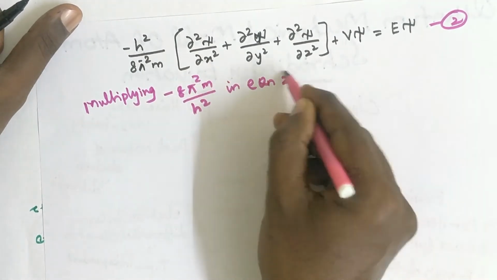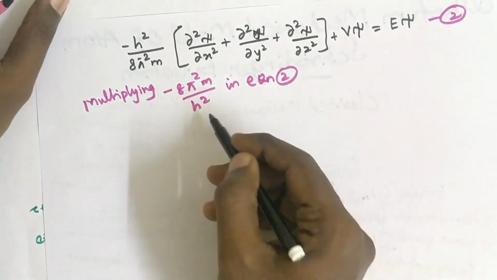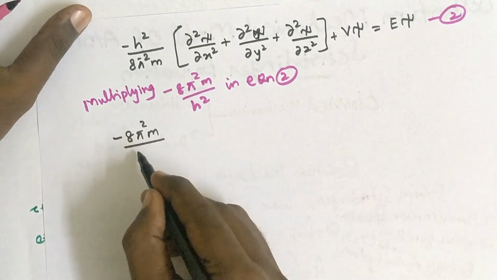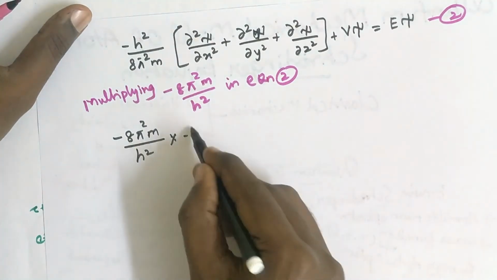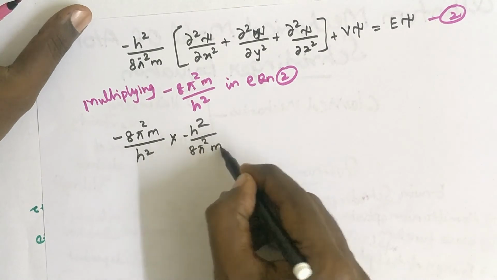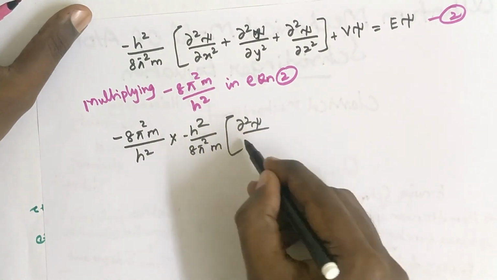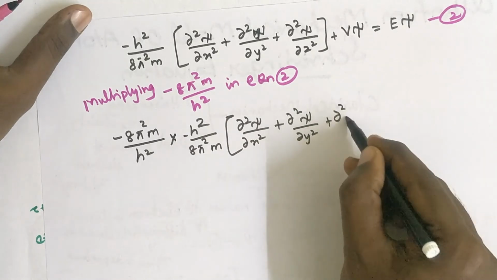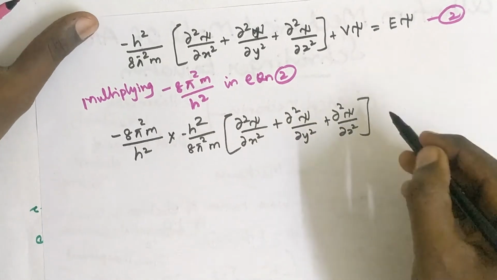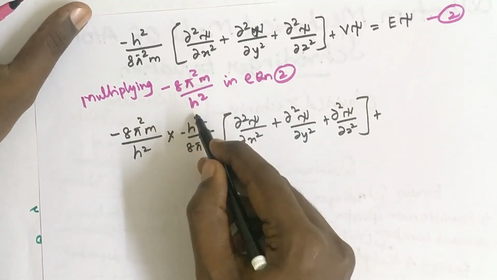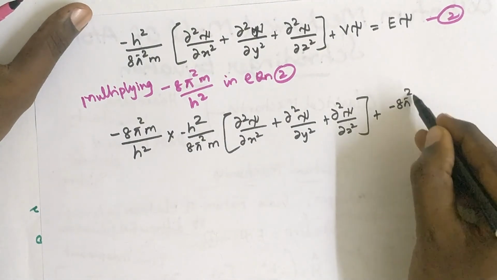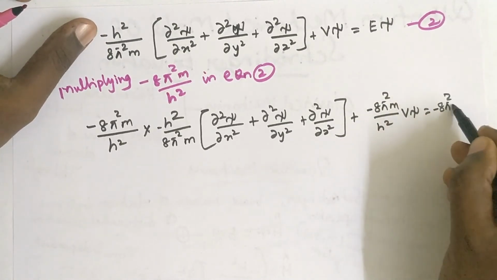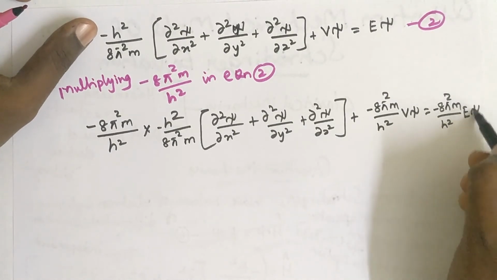Multiplying minus 8 pi square m by h square into minus h square by 8 pi square m dou square psi by dou x square, dou square psi by dou y square, dou square psi by dou z square, plus minus 8 pi square m by h square V psi equal to minus 8 pi square m by h square into E psi.